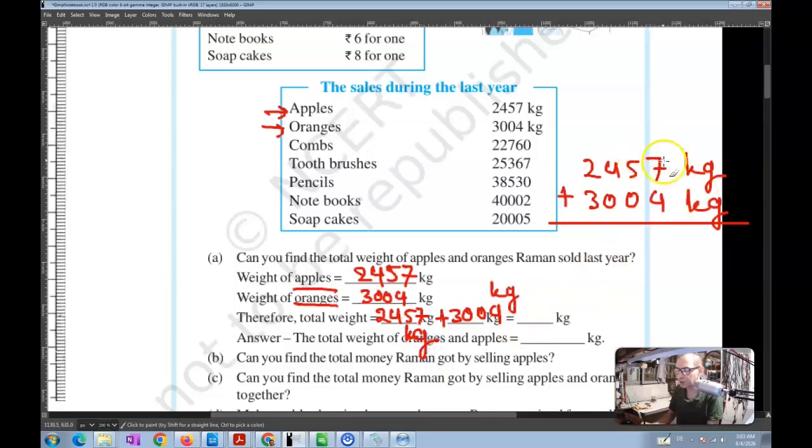So when you add them together, 7 plus 4 is equal to 11, so you have 1 carryover. 1 plus 5 is equal to 6, and then we have a 4 over here and we have a 5 over here. So the total weight is 5,461 kilograms, apples and oranges together, right?